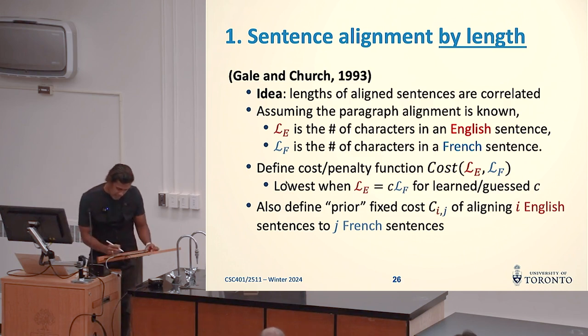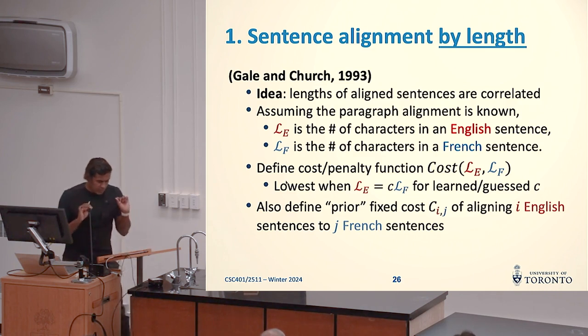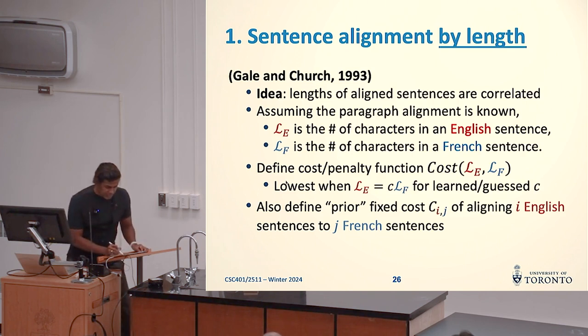For example, French and English has a constant of 1.06, whereas German and English has something like 1.10. If we know this constant, we can create a cost or penalty function based on this knowledge. This can be learned or guessed.